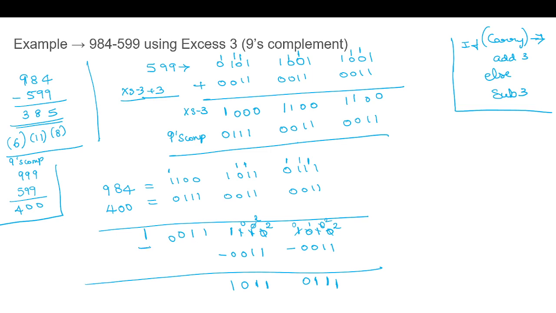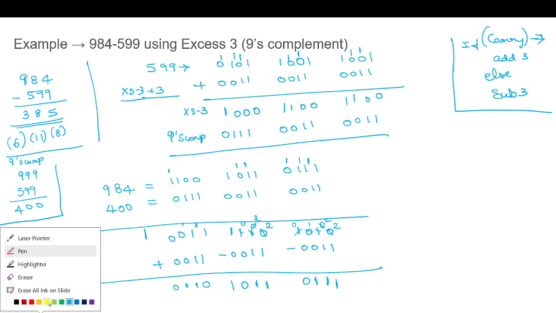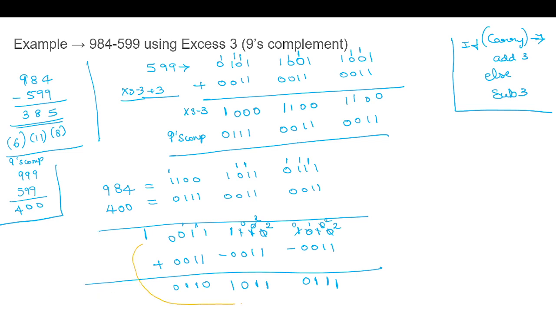Okay. Now let's see. Here we have to add 3 because there is a carry. So this will be 0 1 1 0. Now this carry we have to add here.